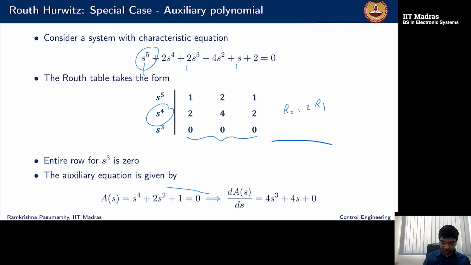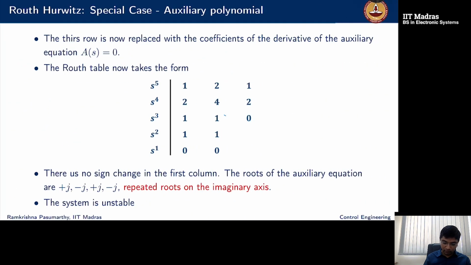I now have an auxiliary equation which looks like this. And I do the differentiation. Then I replace this with a 4 and a 4. I can divide the entire row by 4 to get a row corresponding to S3 as 1, 1. Again, I just do the computations. I get 1, 1 here.